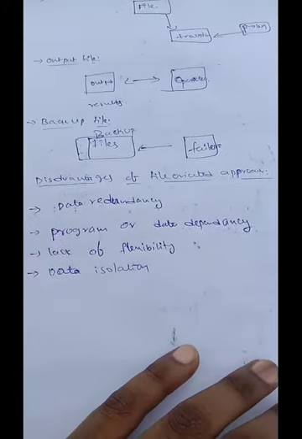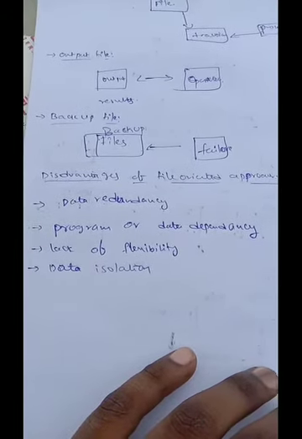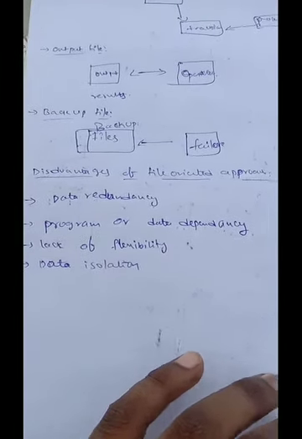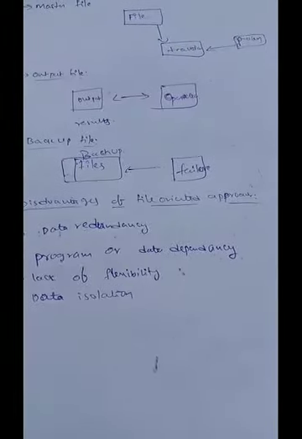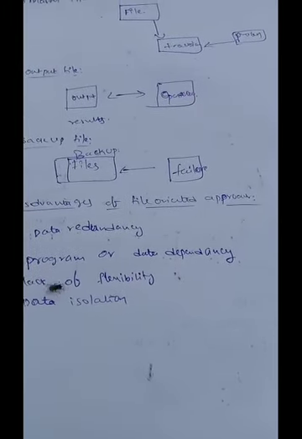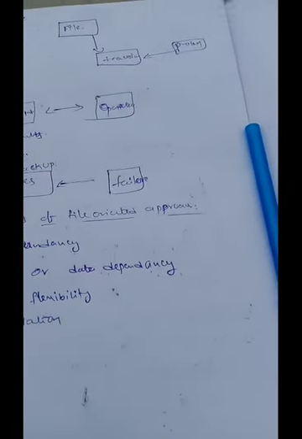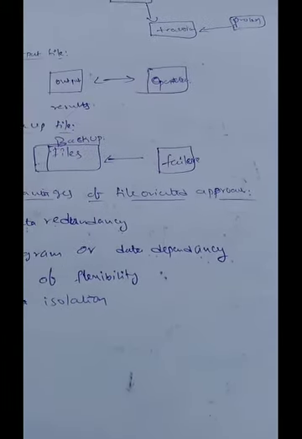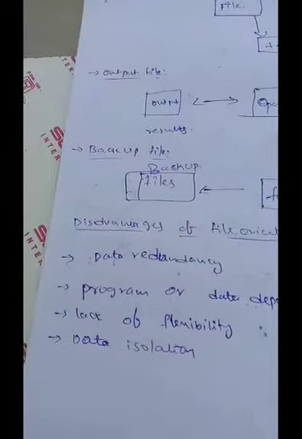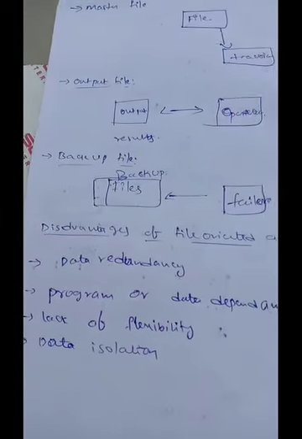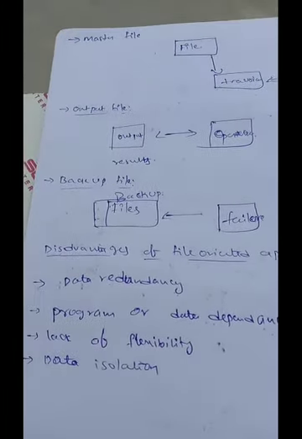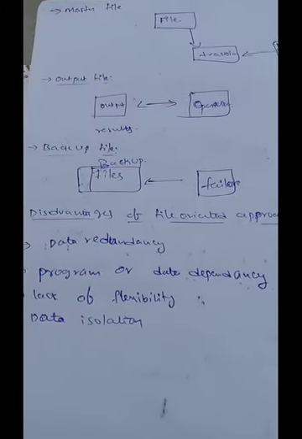As we know, files are maintained in different locations. One application maintains a copy and the same copy is needed by another application. So we maintain two different copies of the same data for different applications.